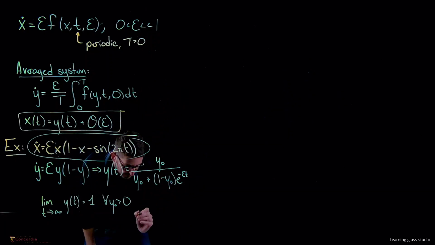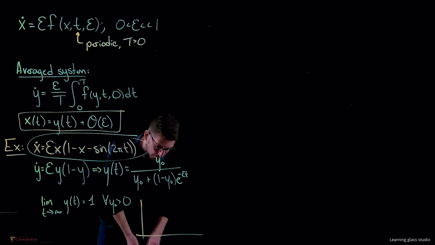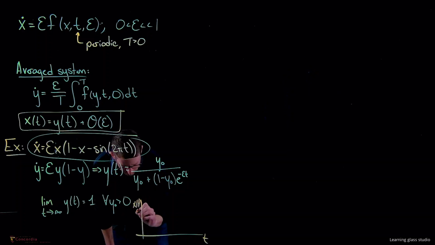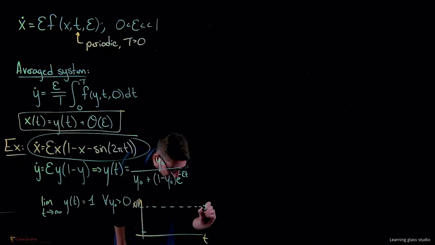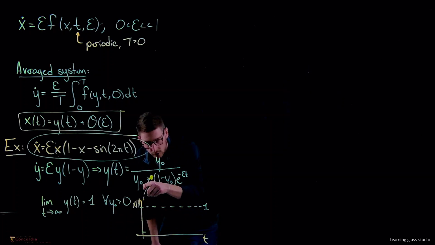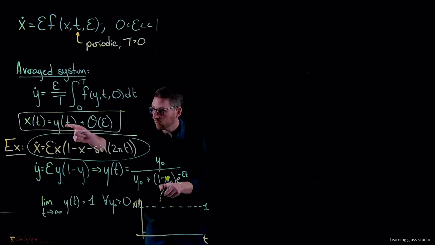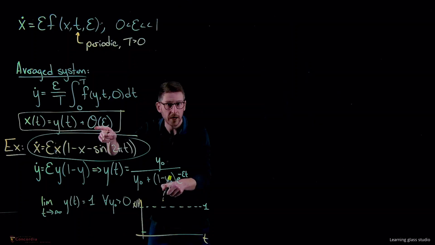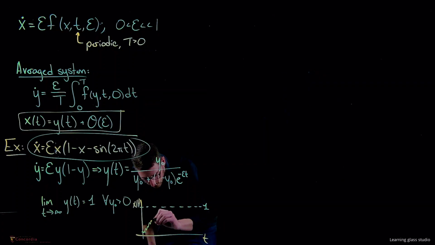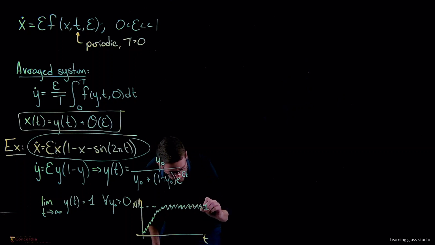If I can just sketch this out for you, if this is t and this is maybe x of t, if I start with a low population down here, and here is 1 right here, effectively what's going to happen is I'm going to grow monotonically up to 1 in the y component, and I'm just going to oscillate back and forth in the second piece. So I get little oscillations that go up and wiggle around 1.